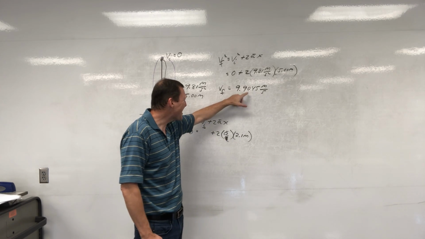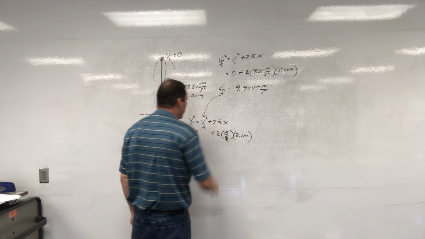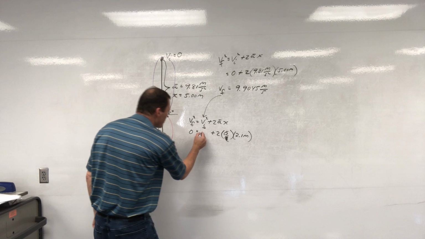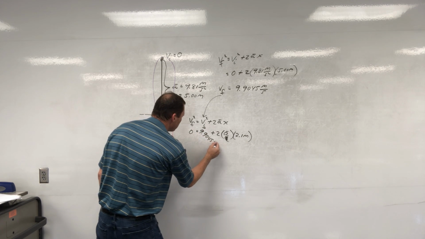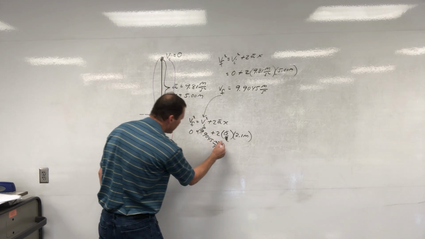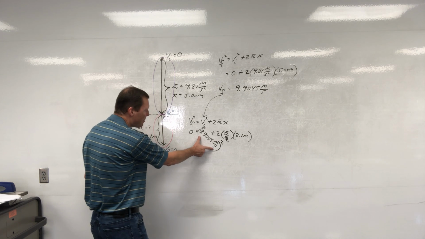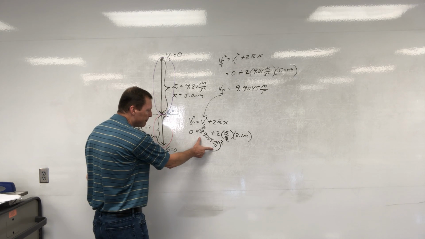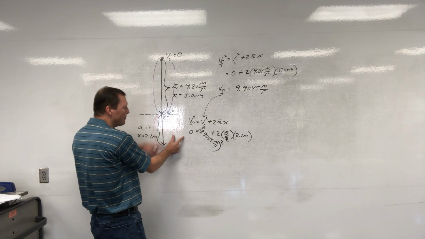So now I'm going to take that and I'm going to substitute it in. So 9.9045 meters per second. Don't forget to square it. So I'm going to take that number, I'm going to square it, and then I'm going to bring it to the other side of the equation.